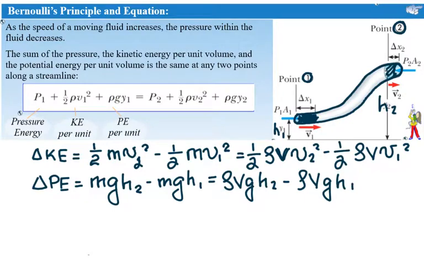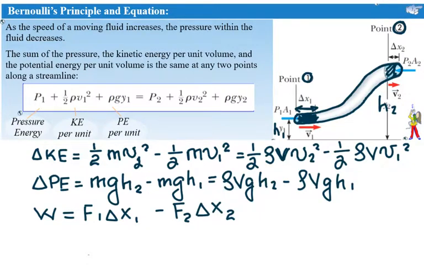And the work is equal to the force that is pushing the water at the bottom times the distance x. So I'm going to say force 1 times distance 1, x1, minus force 2 times distance 2.